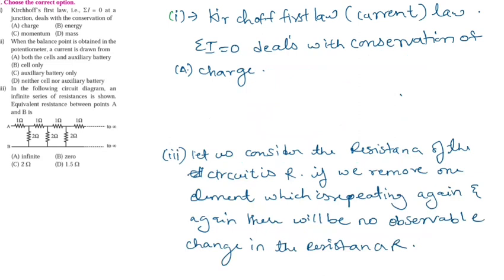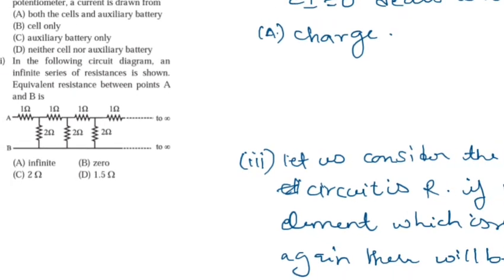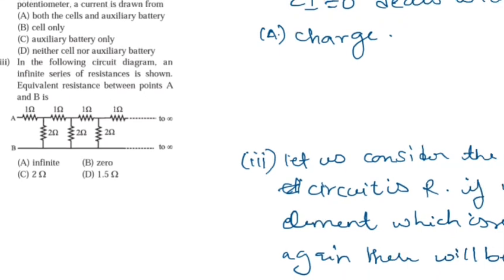So before that, I am taking the third sum. If you can see this complete circuit here, it is a combination of 1 and 2 ohm resistors which are connected till infinity. Infinite number of resistances are applied, and we are asked to calculate its equivalent resistance.